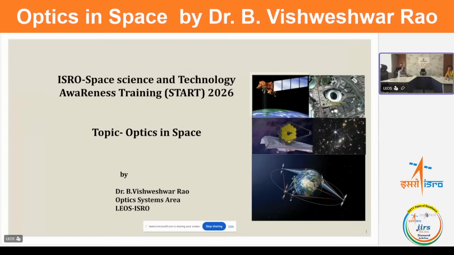Today I am going to give a lecture on the topic assigned to me, optics in space. This picture depicts how space-based optics is being used for imaging purposes in astronomy, remote sensing of Earth, and other applications.